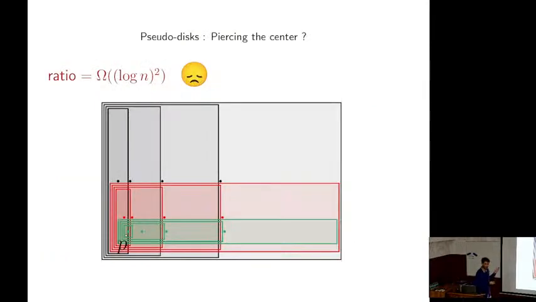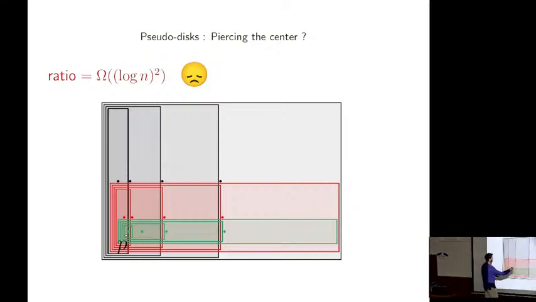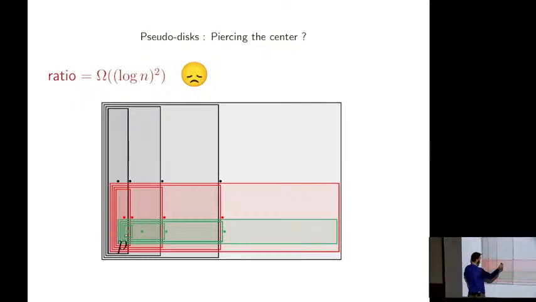So the difficult one is the first result, where we have no crossings. We tried centers on this, and actually it doesn't work. There's a lower bound of log squared n. This is how it works. First the adversary gives the big gray rectangle. So we pierce the center, then this rectangle, center again. So there is a series of log n rectangles like this.